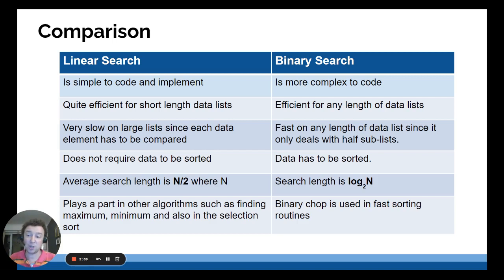Binary search is also something called a binary chop, because it cuts your list in half. And binary search is also used in fast sorting routines. However, you won't learn about any of these fast sorting routines at Advanced Higher. That could be something that you investigate as part of your Advanced Higher project and take your knowledge beyond Advanced Higher. Okay.